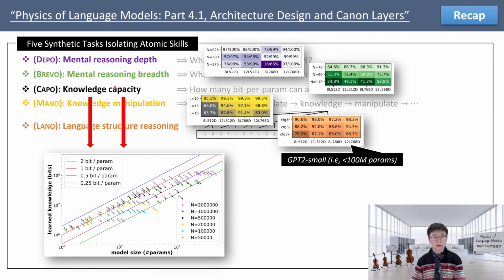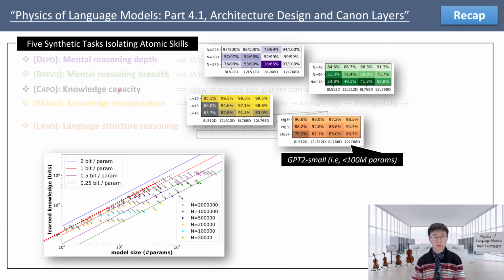For the last one, knowledge capacity, we have to evaluate it a little bit differently. In this task, we need to very accurately measure, for an architecture family, how many bits of factual knowledge it can hold per parameter after sufficient training. Therefore, we need to vary the model size in a much larger range in order to compute this frontier line more accurately.